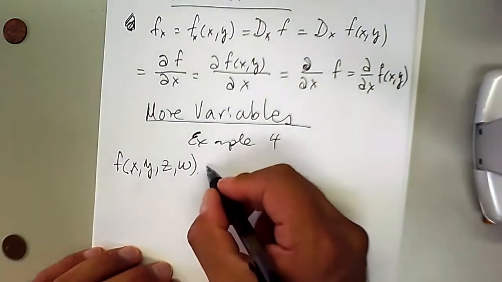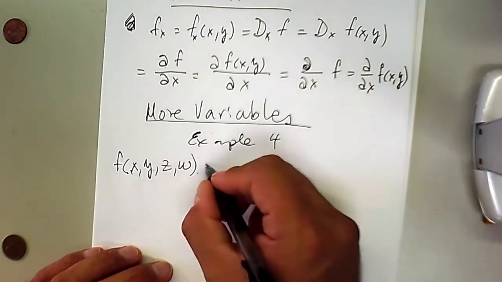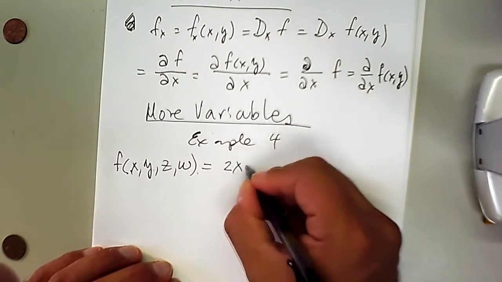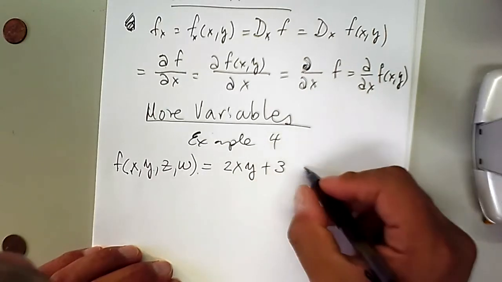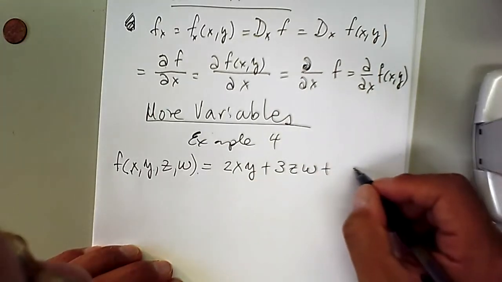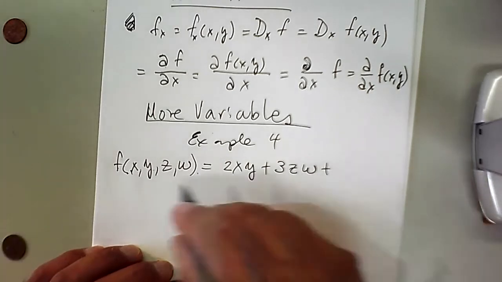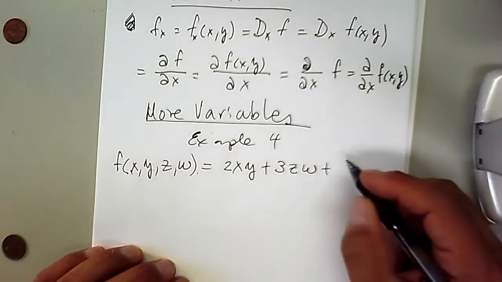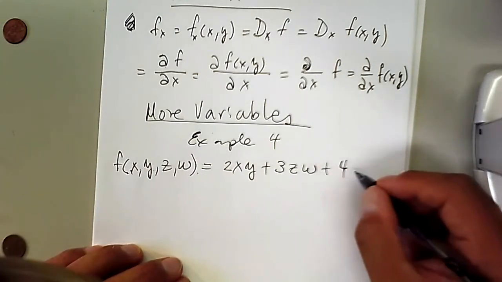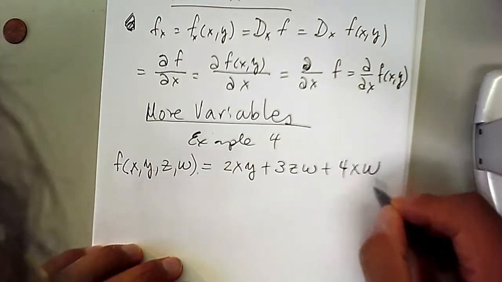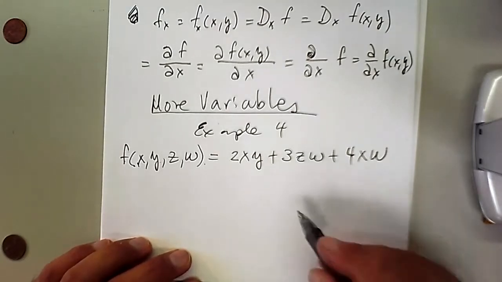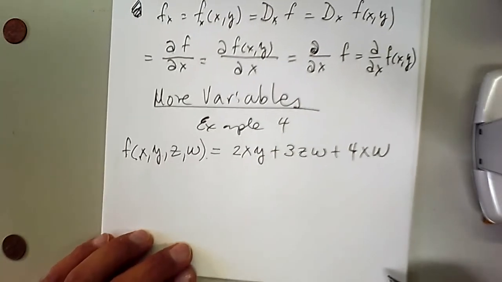I'm not even going to try to draw anything like this, but let's say you have 2xy plus 3zw, plus a bunch of different ways of combining the x's, the y's, and the w's, and let's just do one more, xw. There could be more, and there could be sines and logarithms and other things.